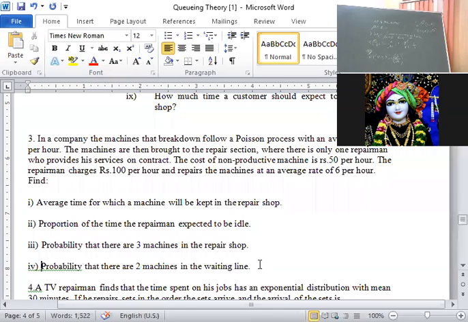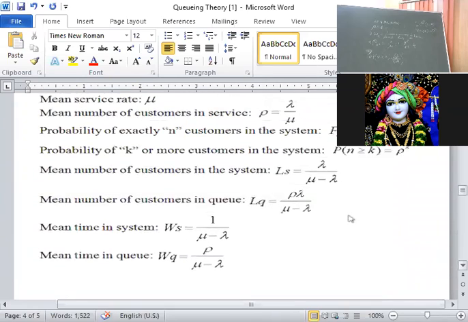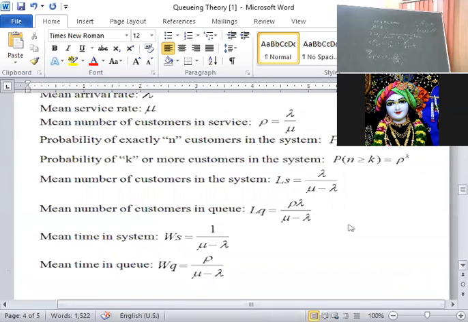That's why it is probability only. Clear, Ashish? But ma'am, when we take these two formulas, the probability of exactly n customers in the system and the probability of k or more customers in the system. We will go through the formulas. I will explain. Wait, Ashish.